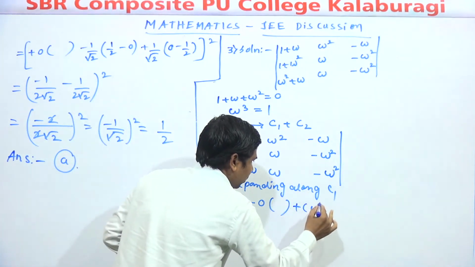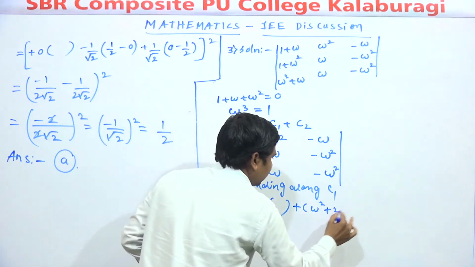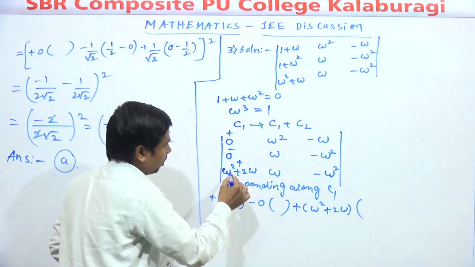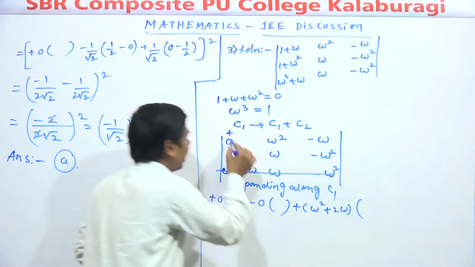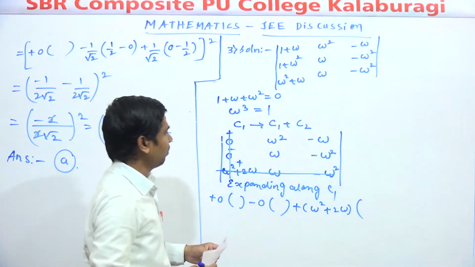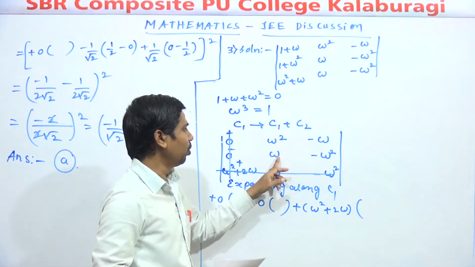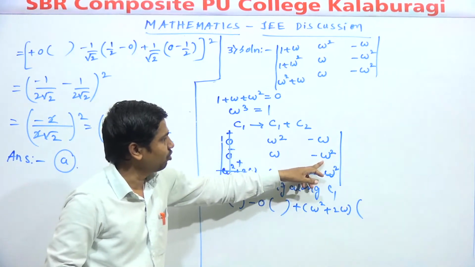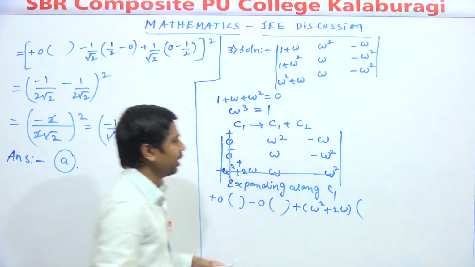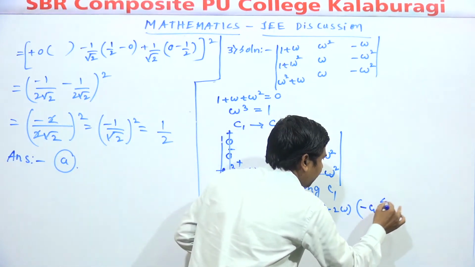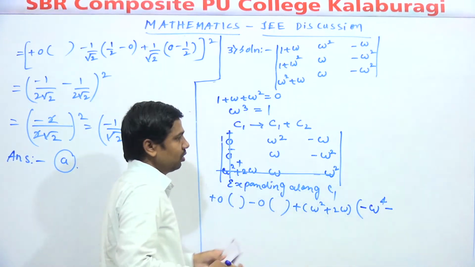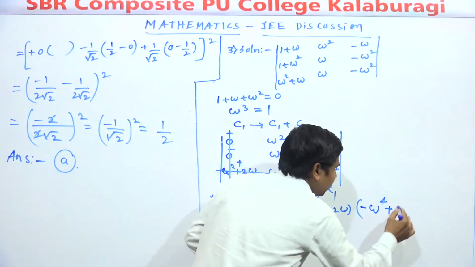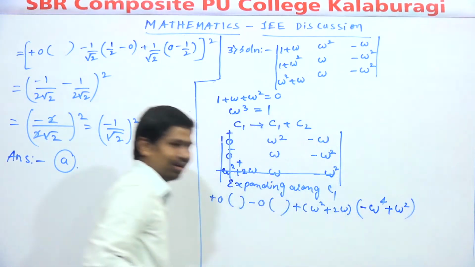Plus omega square plus 2 omega into, suppressing its row and its column, the product here: omega square, omega, minus omega square. Minus omega square into omega square, minus omega raised to 4, minus omega into minus omega square, minus of minus, plus omega square.